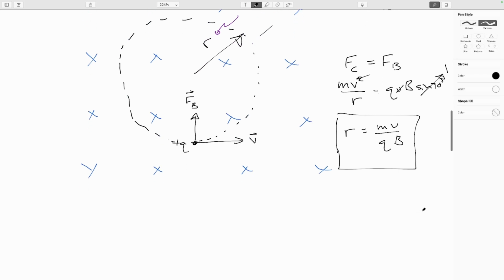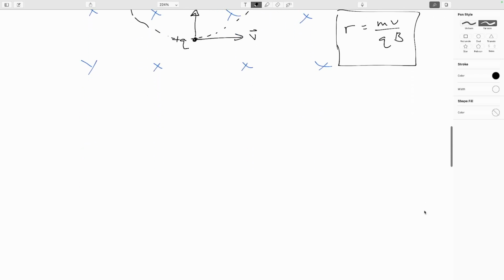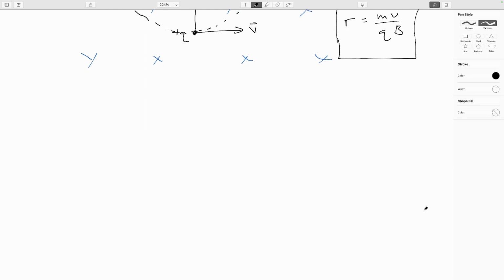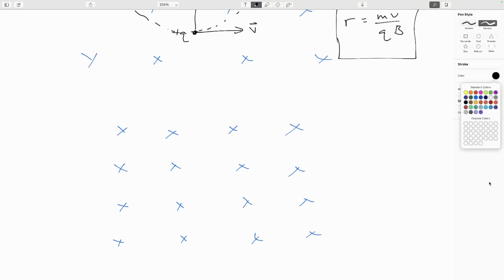Let's take a look at a case where we have an electron. So let me just draw another magnetic field into the screen, like so. We'll have our particle go like this.